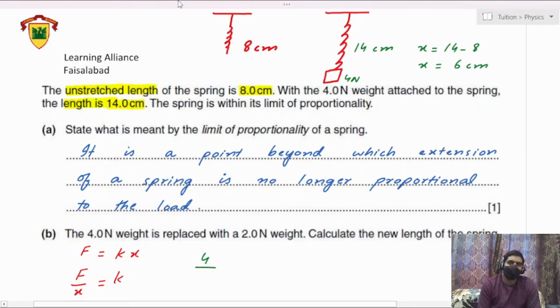All right, so you might have studied in that way that we have a formula that reads extension equals new length minus the original length. All right, if you want to refer to that formula, you just straight away use that formula. You get the extension in any case would be 6 centimeter.